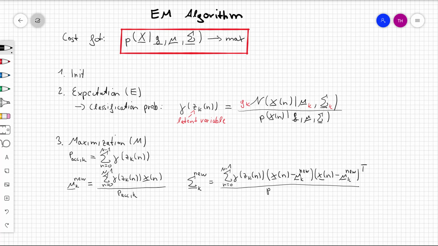And this is also normalized by our helping quantity. And then the weight update is actually our helping quantity divided by the number of observations. And writing it this way with our helping quantity, you should understand a little bit more what is going on there in these equations, what they have in common, and what we're actually doing.